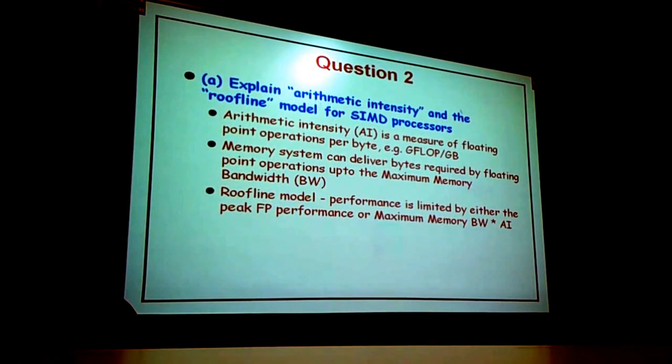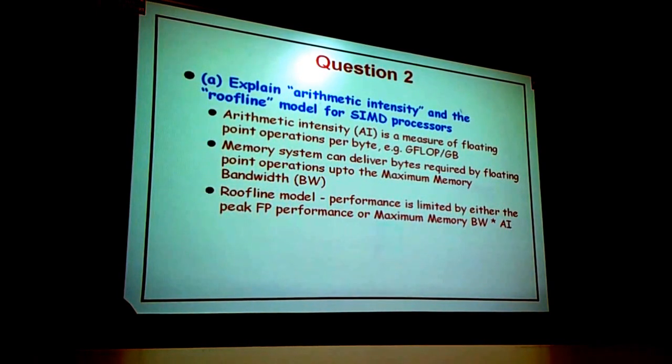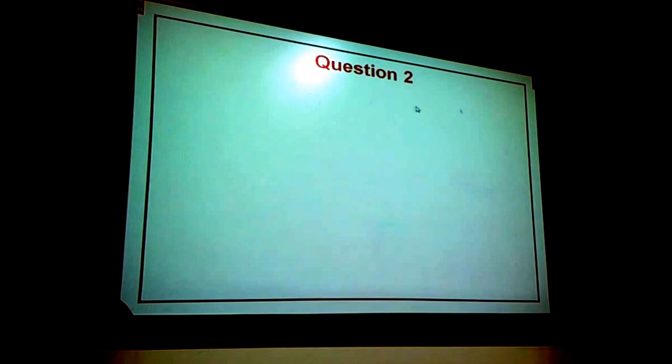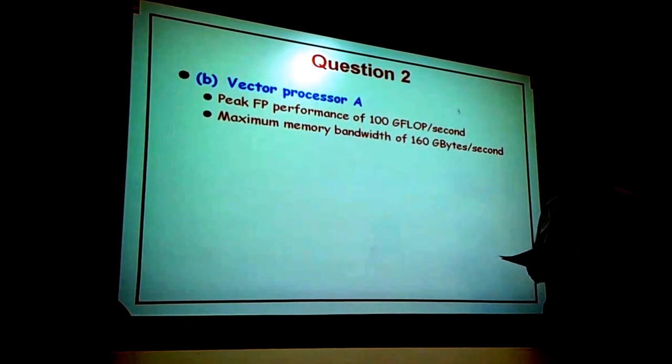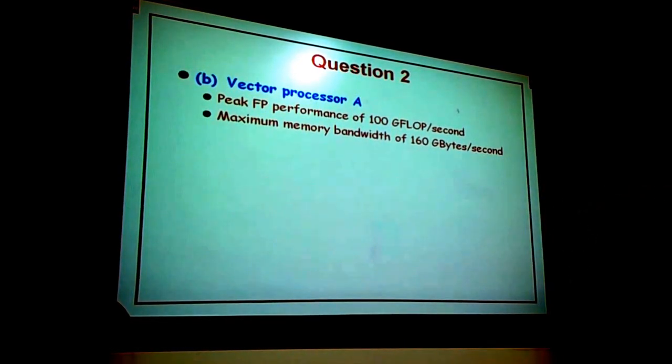So we're given two examples now, and we want to draw some diagrams and explain how this roofline model works. We have one vector processor A, and we're told that it has a peak floating point performance of 100 gigaflops per second, and it has a maximum memory bandwidth of 160 gigabytes per second.